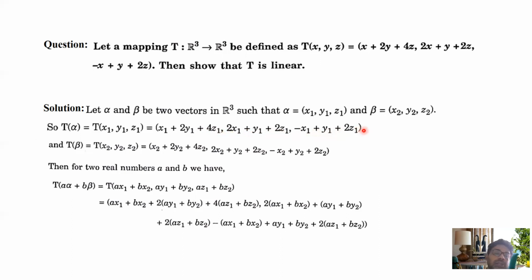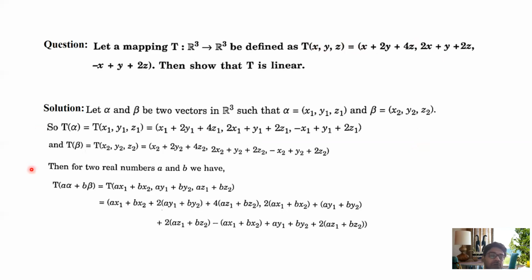These are all coming from this formula. Similarly, T beta is equal to T(x2, y2, z2) which is (x2 plus 2y2 plus 4z2, 2x2 plus y2 plus 2z2, minus x2 plus y2 plus 2z2), because this result is also coming from here, because you are replacing x, y, z by x2, y2, z2.